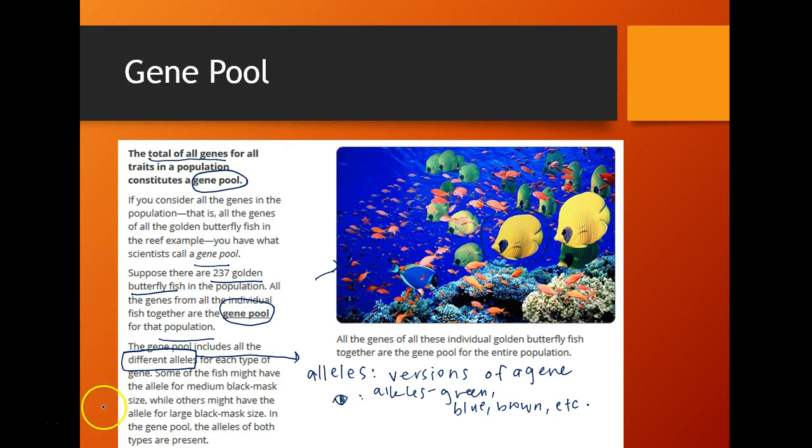So here's an example that they give. Some of the fish might have an allele for medium black mask size, right? They're talking about this thing right here, while others would have the large one. So those are two different versions of a gene, or two different alleles. So in the gene pool, we would consider both of those.